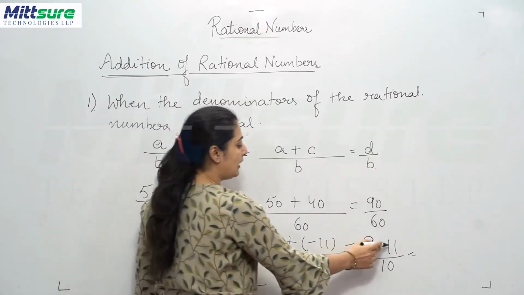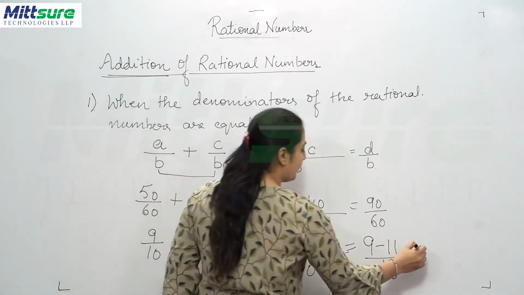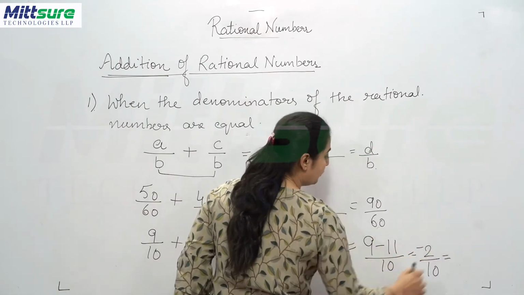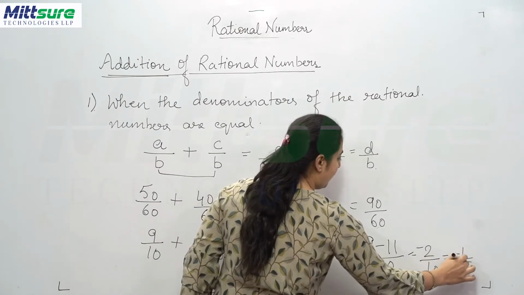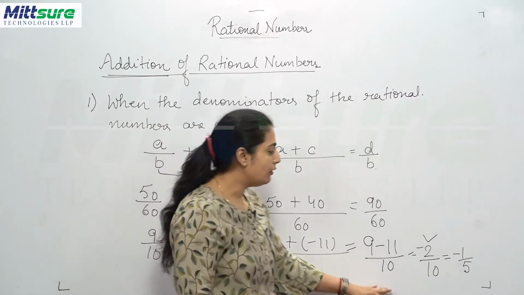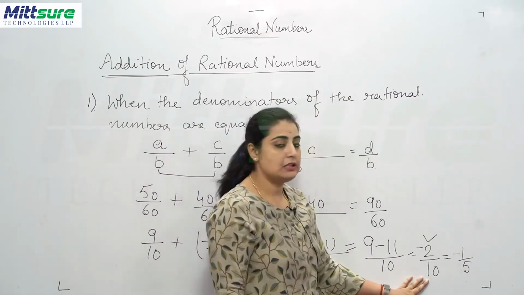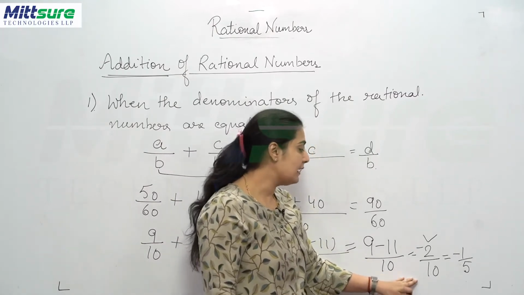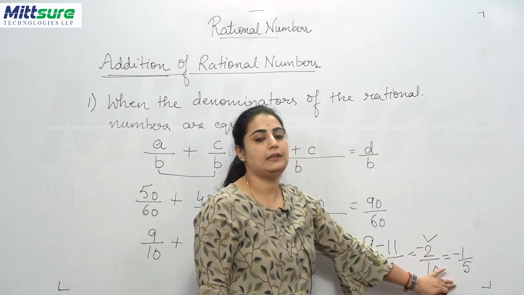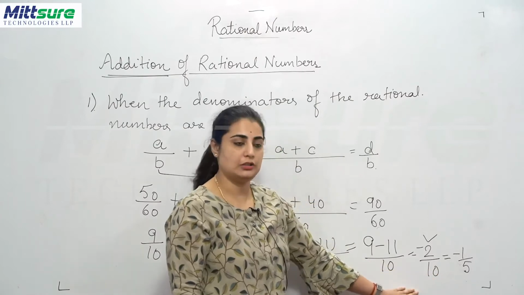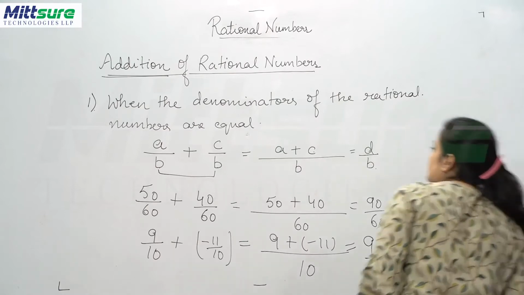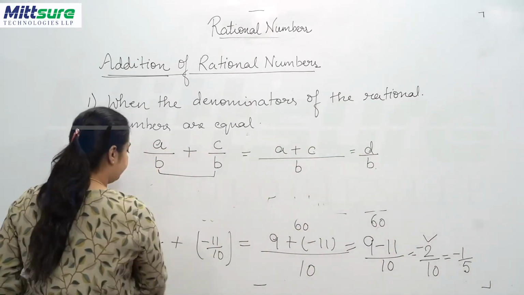So here 9 minus 11 gives you minus 2 upon 10, which will be further reduced to minus 1 upon 5. This answer is also correct, but it is advised that you write your answer in the standard form, that is the reduced form of the rational number. So let's take a few more examples to understand the same.